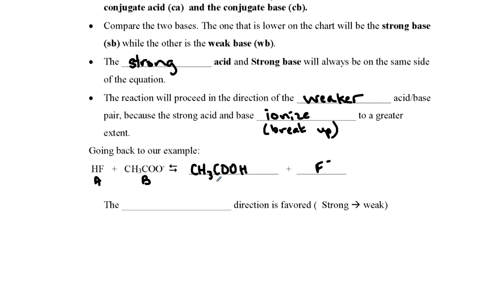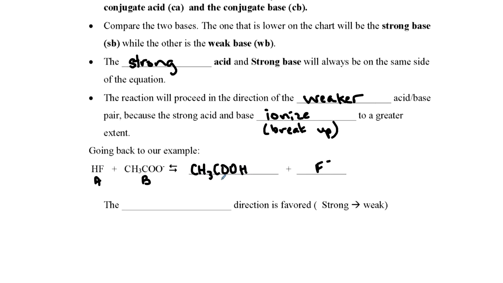Okay, now I'm not going to write Ca and Cb, I'm just going to use the acid and base symbols again for my conjugate acid and conjugate base. Okay, because this time around I'm going to label them as strong and weak acids and bases.